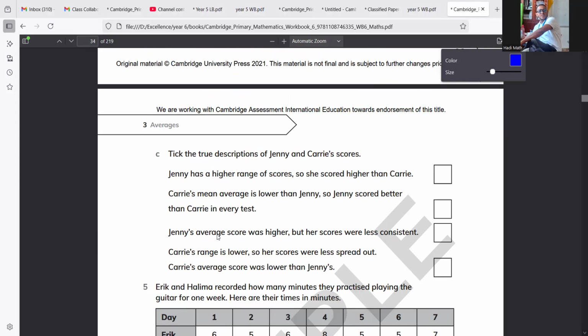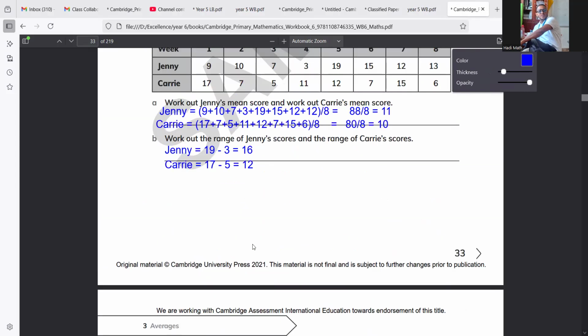Last we say Jenny's average score was higher, but her scores were less consistent. Yes, this is true. Why do we say this is true? Because Jenny's average score was higher, which is 11, the mean.